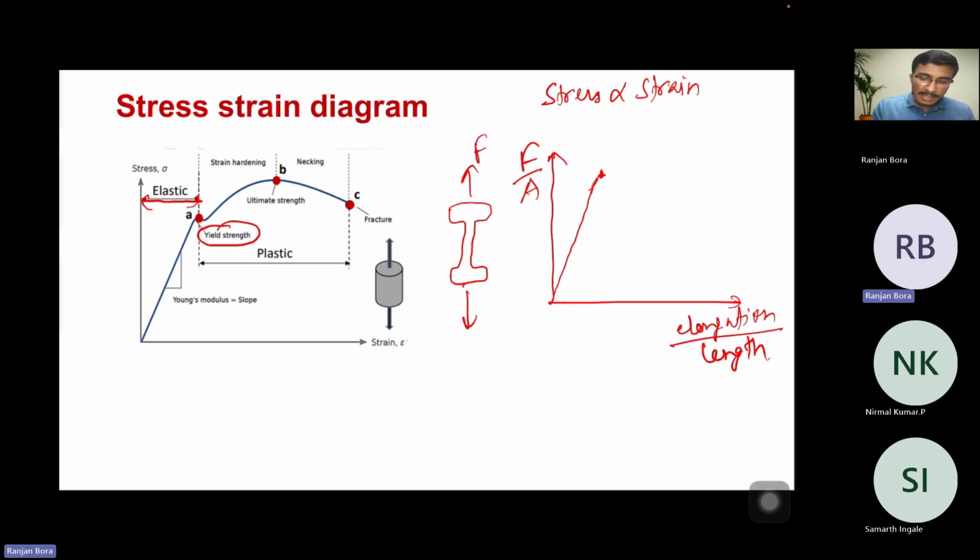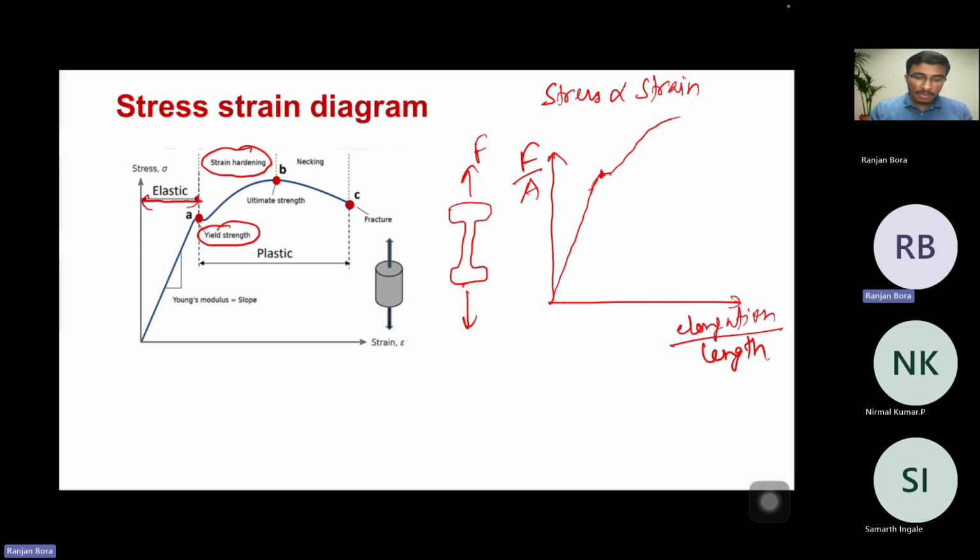So after attaining this yield strength, its strength increases. This region is known as strain hardening, the phenomenon because of which the strength increases. There are some dislocations within the material. Because of the applied load and the plastic property, those dislocations align, and they resist the applied load.